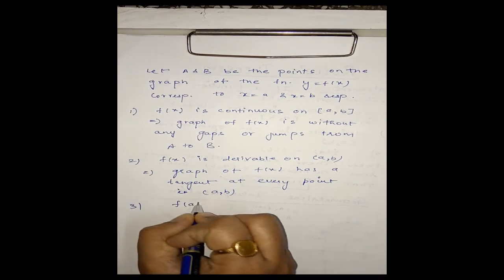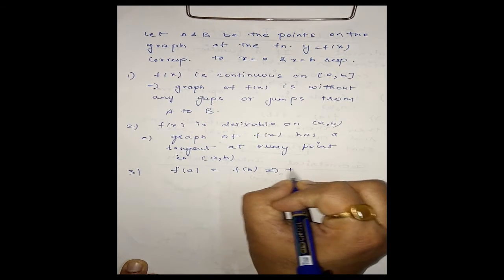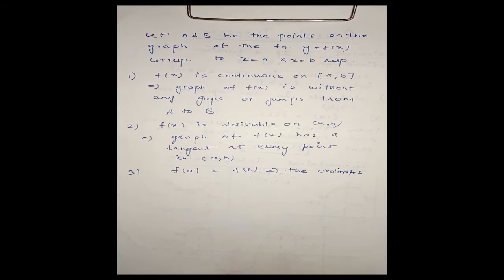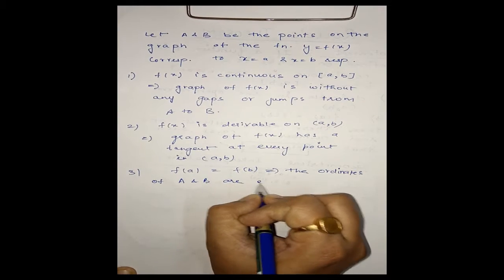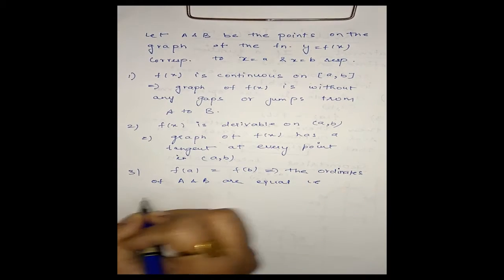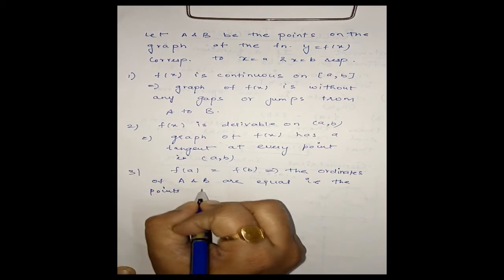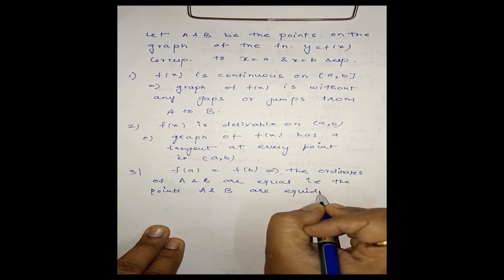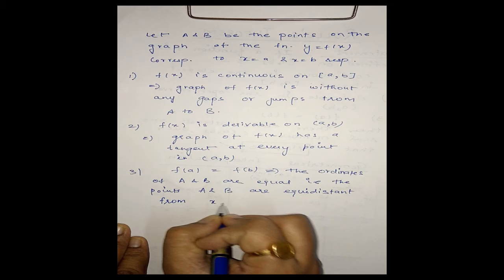And third is f(a) is equal to f(b), which means the ordinates, that is, the y-coordinates, of A and B are equal. That is, the points A and B are equidistant from the x-axis. This is the third condition.